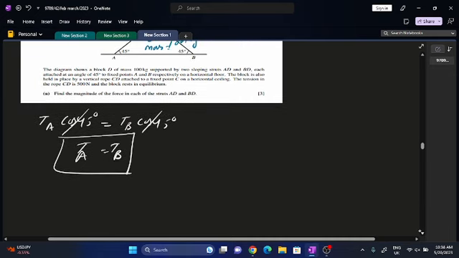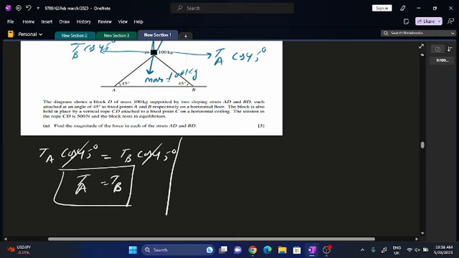Now you have to work on the vertical component. You can see there is an upward force of 500 Newton acting on this block.